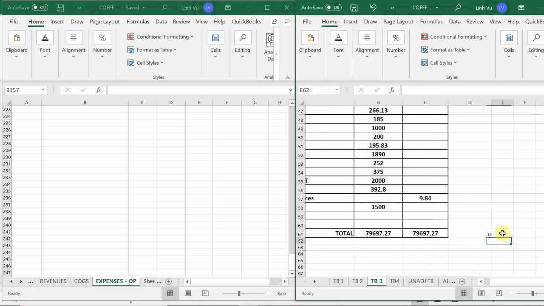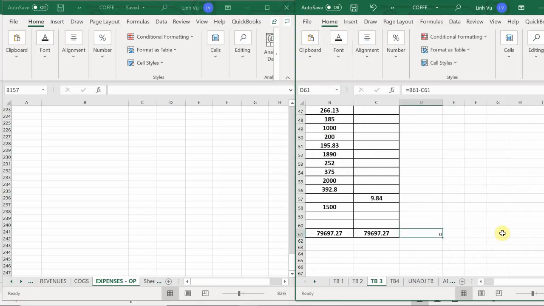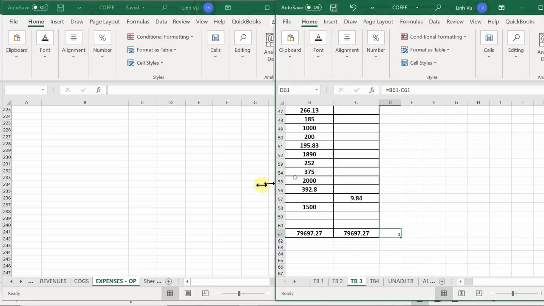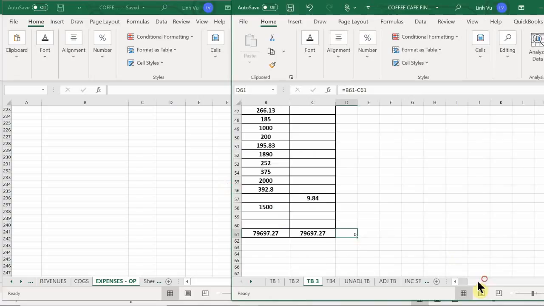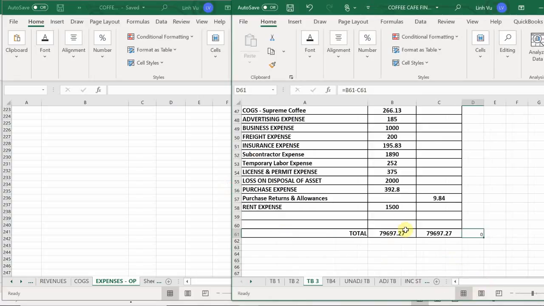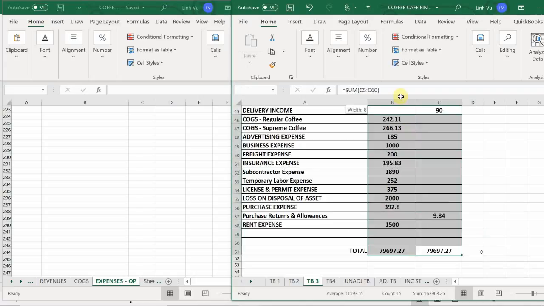And if that value is 0, which it is, that tells me I have no discrepancies. Both of my sides match. So I have my equal debits to my equal credits, right? So I have a total of $79,697.27 on both sides.